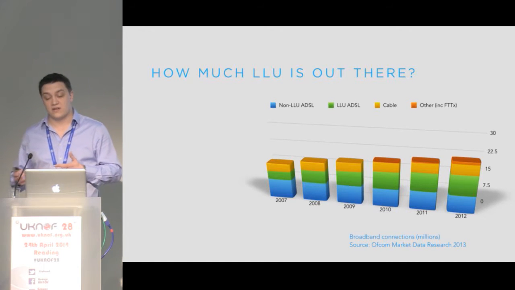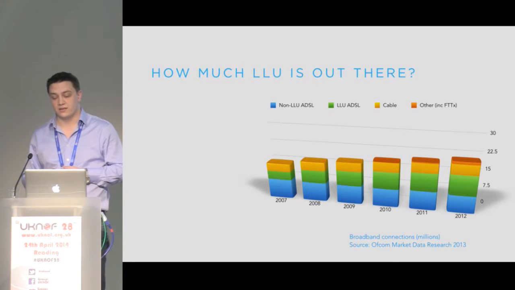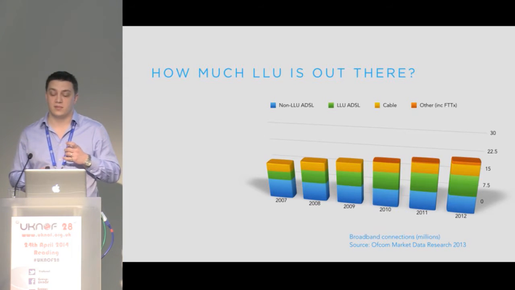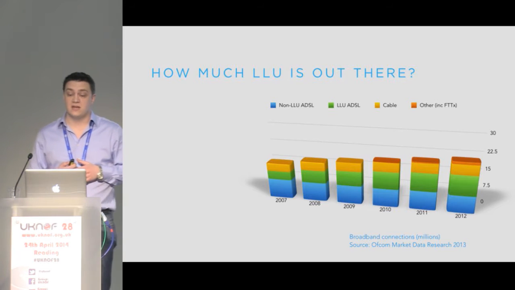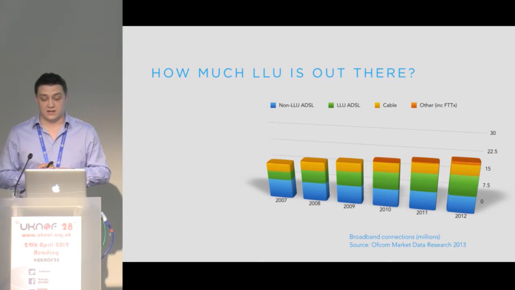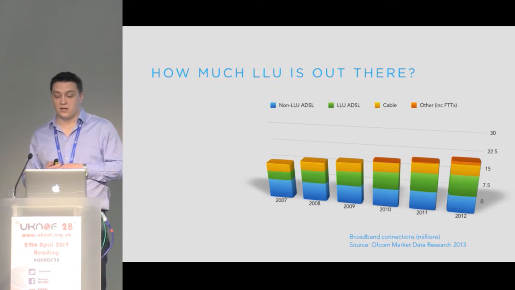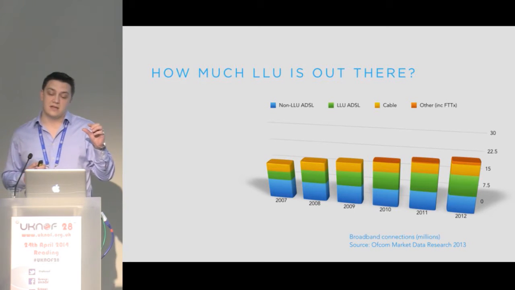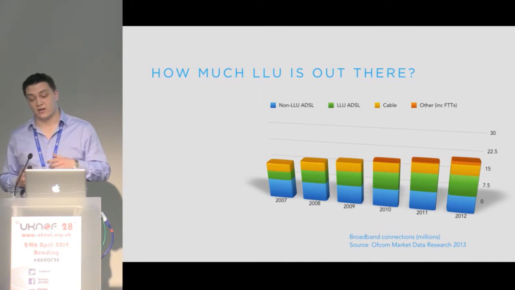I also had a preconception that cable was bigger than it was. Over the last few years, as you can see, LLU has actually become the dominant player. It's got a bigger share now than BT, according to this Ofcom data, and it's still significantly bigger than cable. Obviously, we're now starting to see the trend in fiber to the cabinet, superfast type technologies creeping in as well.